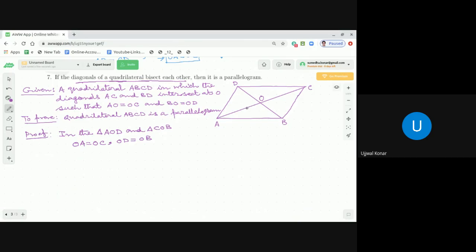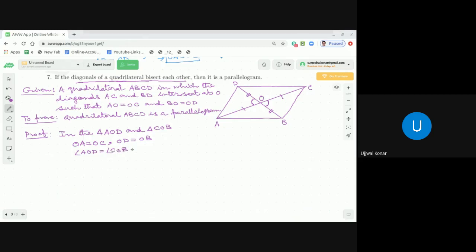So OA is equal to OC, that is given. OD is equal to OB, that is also given. And obviously angle AOD is equal to the angle COB.